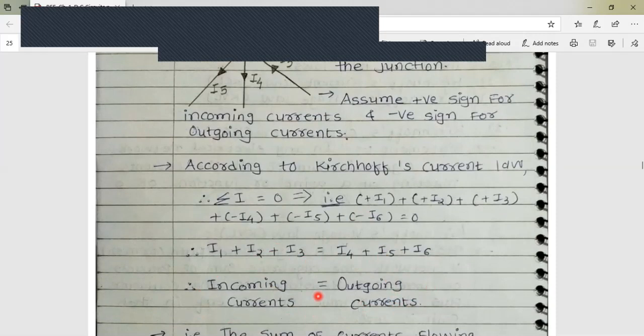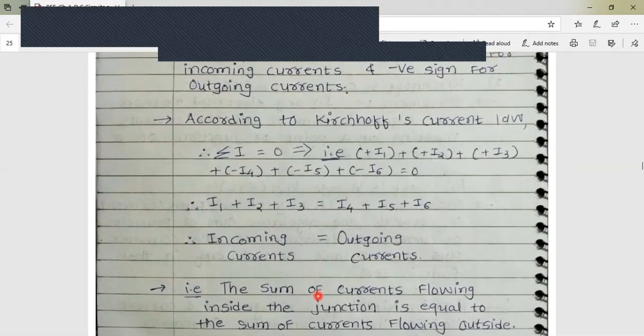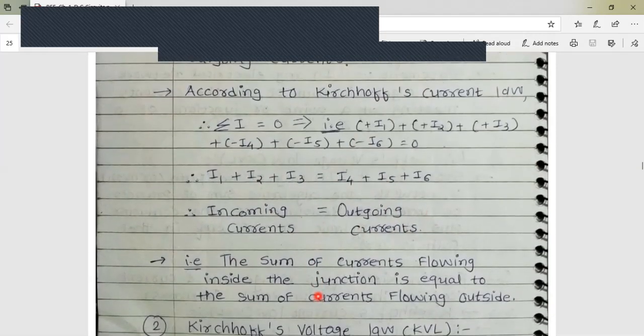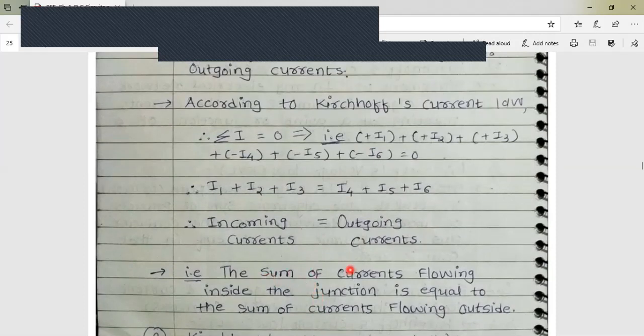We can also write the statement of Kirchhoff's current law as: the sum of currents flowing towards the junction is equal to the sum of currents flowing outside. In short, according to Kirchhoff's current law, the sum of incoming currents equals the sum of outgoing currents. So this is Kirchhoff's current law.